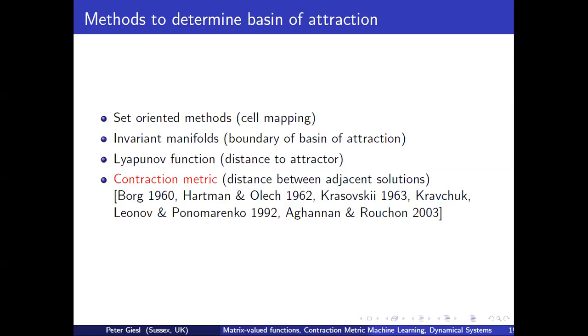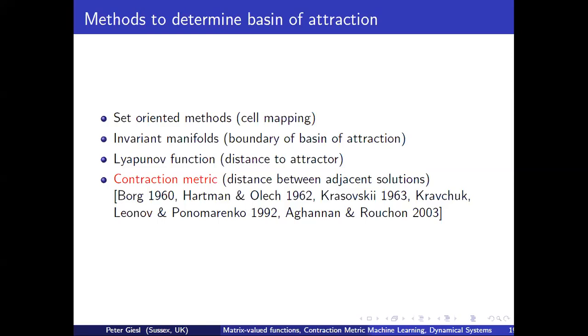You could try to find a Lyapunov function, which somehow measures the distance to an attractor in some way. The disadvantage would be you need to know where the attractor is, and especially for periodic orbits, that could be done probably only numerically. And we are going to look at contraction metrics, which is not the distance to an attractor, but just measures the distance between adjacent solutions. So it's a local criterion, and the attractor, so periodic orbit or equilibrium, isn't a special point.